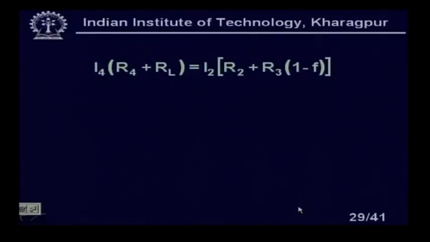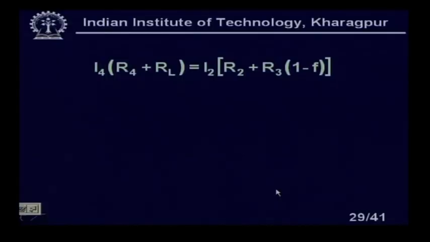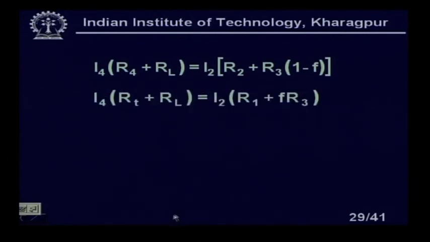Now, we rewrite the bridge balance equations for the 3-wire method when we are taking the resistance of the lead wires, right. Previously we had not considered the resistance of the lead wires; we assume that each lead wire has a resistance of R L. So, it will be I 4 into R 4 plus R L equal to I 2 into R 2 plus R 3 into 1 minus F. And I 4 into R T plus R L equal to I 2 into R 1 plus F R 3.